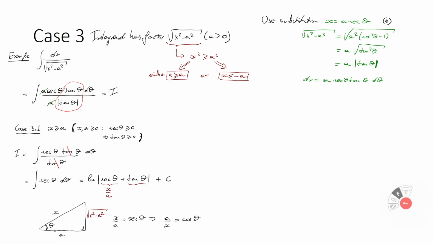And then from this triangle we also get that tan theta is the opposite divided by the adjacent, so that's the square root of x squared minus a squared divided by a. So now we can come back to our expression down below here, and we can write this as the square root of x squared minus a squared divided by a.